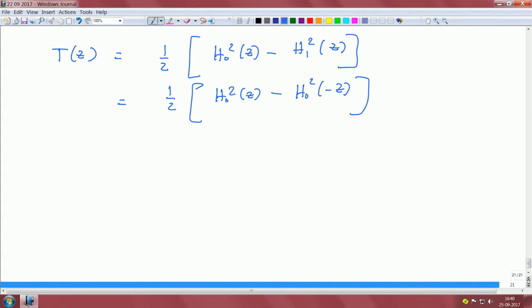The sequence of steps was as follows. We get the distortion function after we force the alias cancellation conditions. Once we force alias cancellation, we have an equation in terms of H naught and H1 in our distortion function, and then we invoke the QMF property, eliminate H1 as well, and get it in terms of purely H naught.